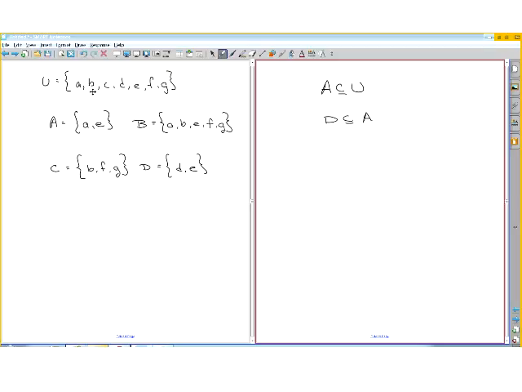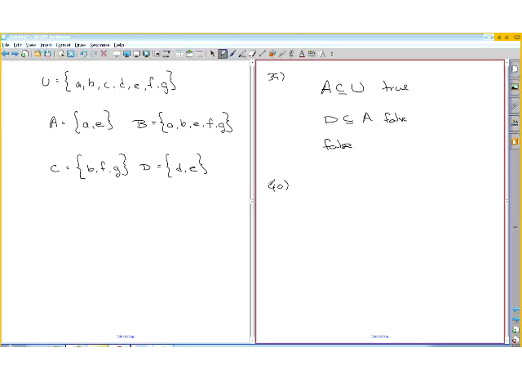Yes, A is a subset of U. But if you look at D, D has only 1 term that's common. So this part is true, this is false. And therefore the statement based on the Venn diagram is false.